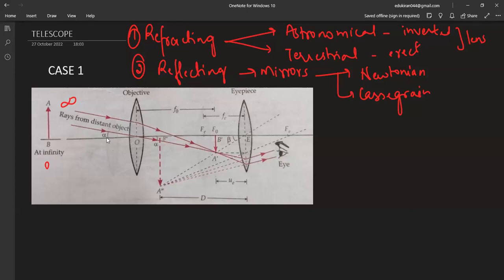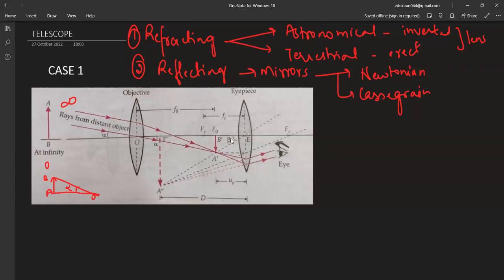So this angle is again alpha, which we had discussed initially, that without the lens, which angle has been formed. So this angle is alpha when this AB object was kept at the optical center. This angle is beta that is being subtended by the image. See, this is the image. Image is subtending angle beta.